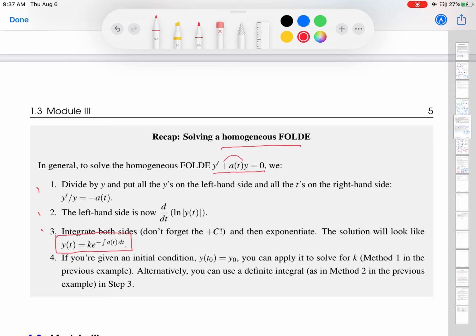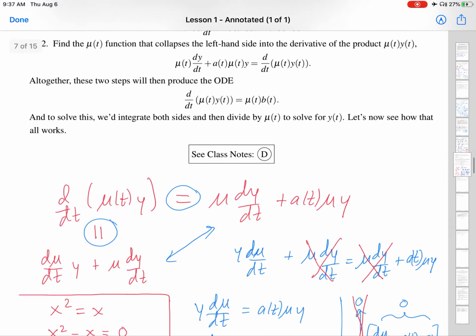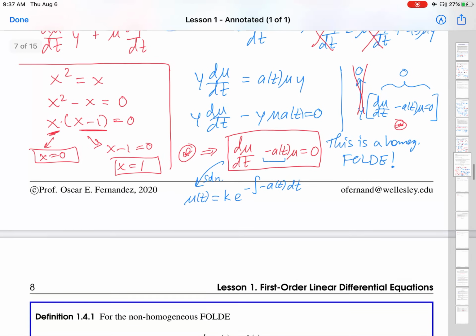So if you know what the a of t function is, you literally just plug it in there, you integrate it, multiply by a negative sign, exponentiate, multiply by k, and that is your solution for y. So I am using this end result down here when I am solving the mu ODE that we've arrived at.